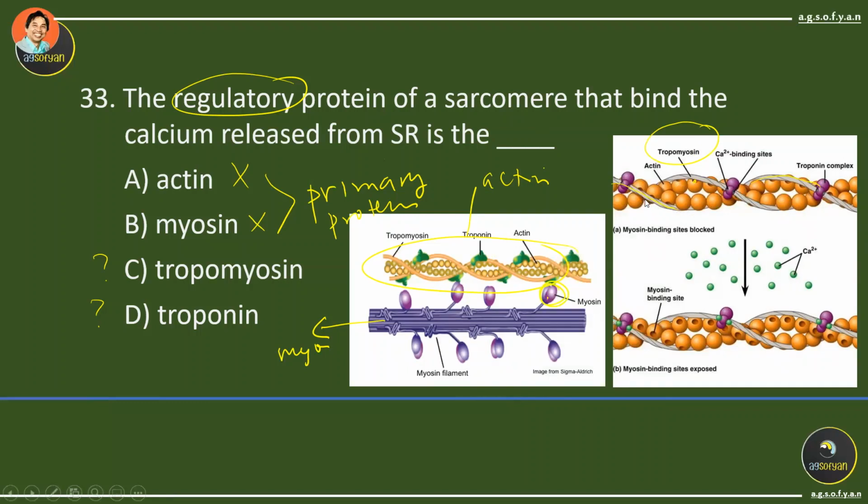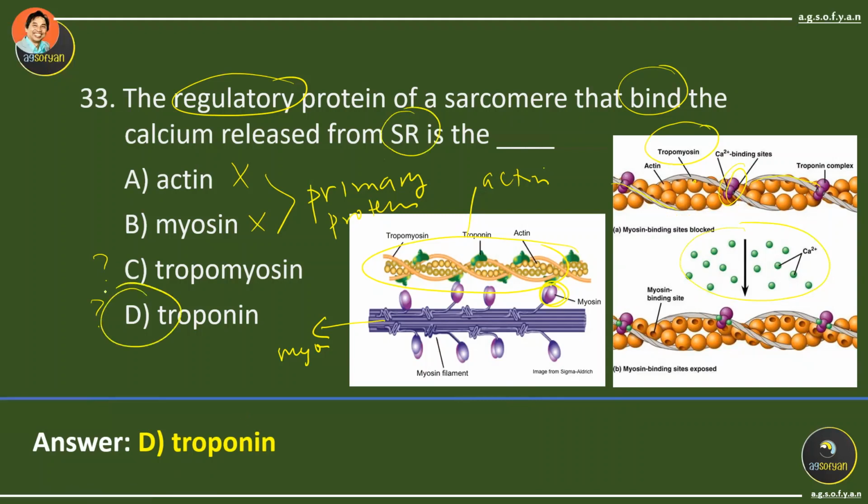During relaxation, this binding site is covered by tropomyosin. So tropomyosin is not the answer for this one, because it's the one that covers. The one that binds the calcium will be the troponin, and this calcium is released from the sarcoplasmic reticulum. So the correct answer will be troponin.